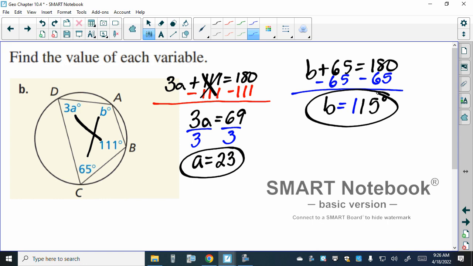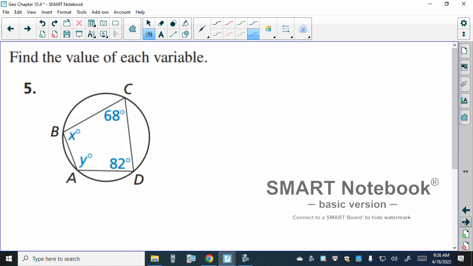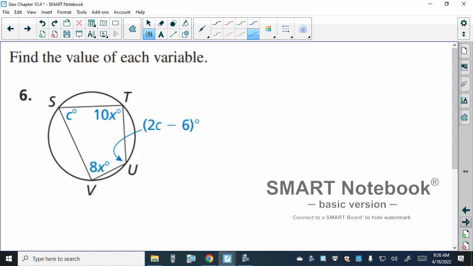Any questions on any of this here? Any questions on anything we've done so far? Let's look at this one here. This will be the last one we look at.